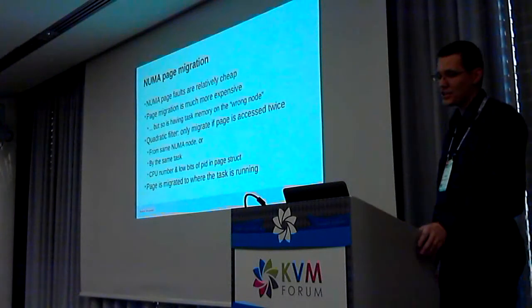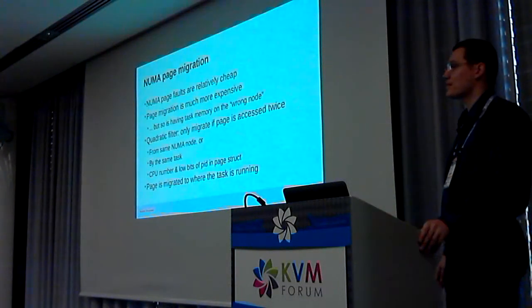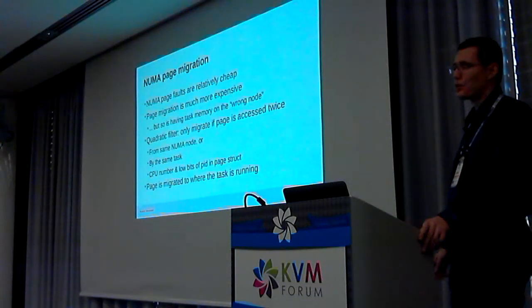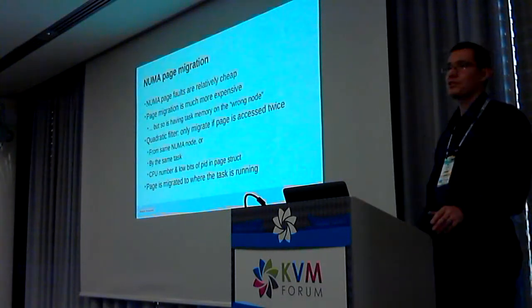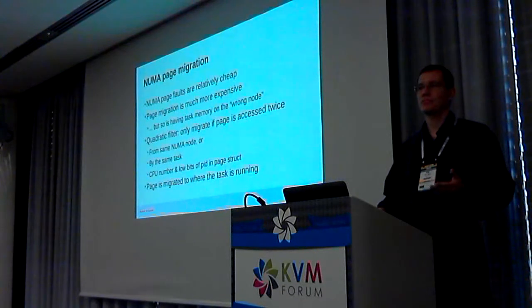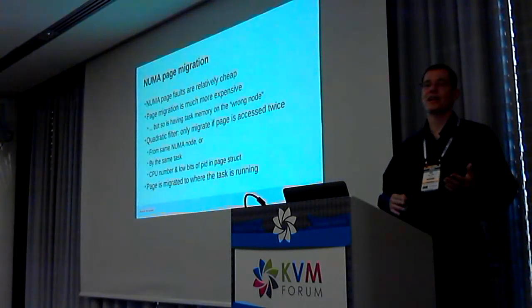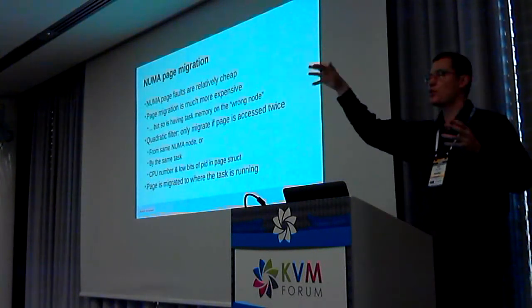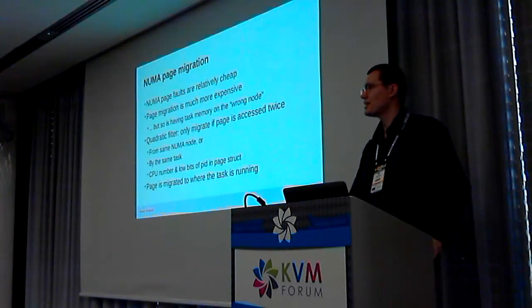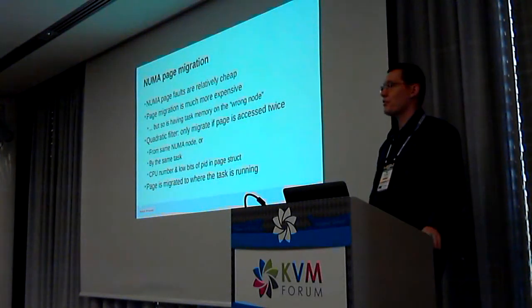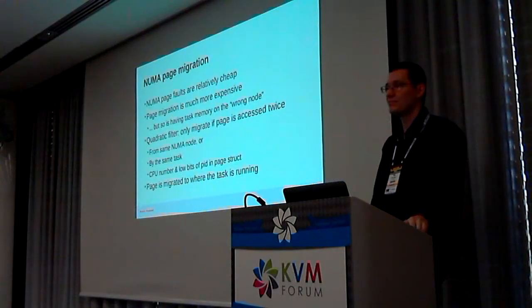But page migration is pretty expensive, so we do it when we're pretty sure about it, and we also want to make sure that the program is relatively stable in that location, because if the program keeps moving around and we have to keep copying the memory all over the system, then the NUMA code will slow things down more than it speeds things up.